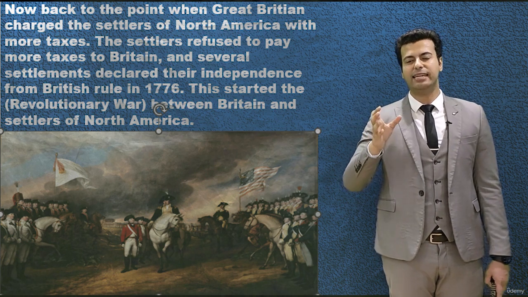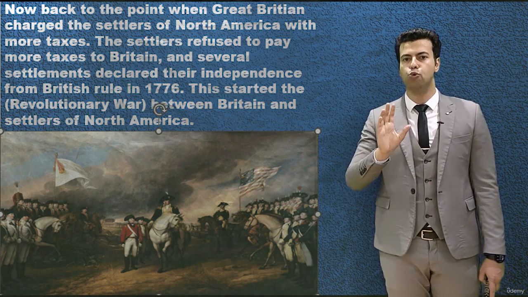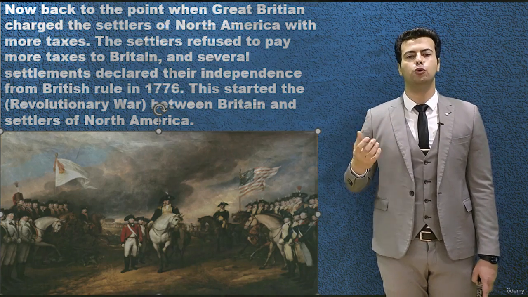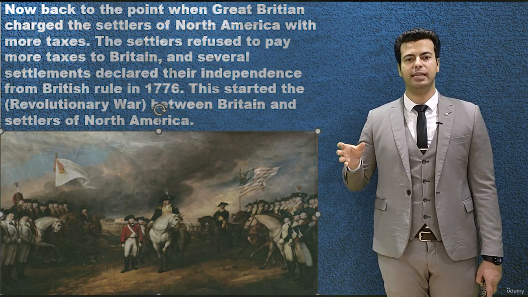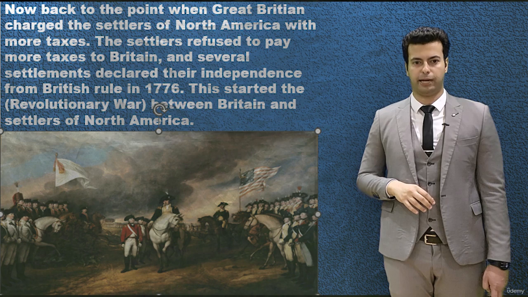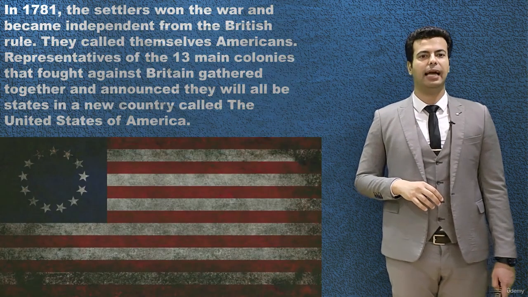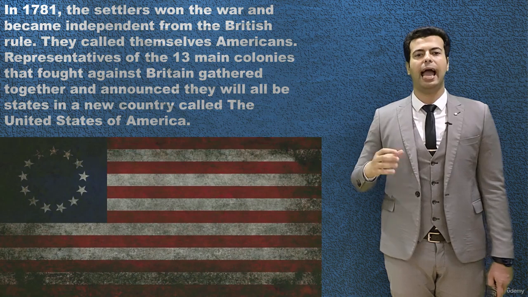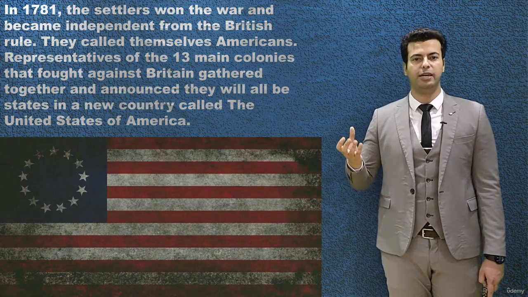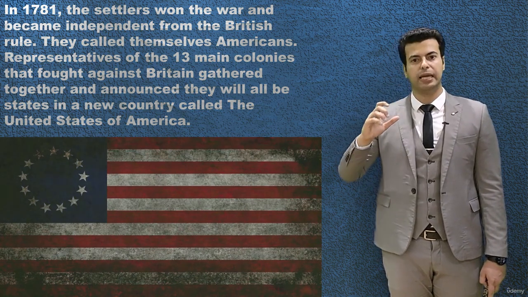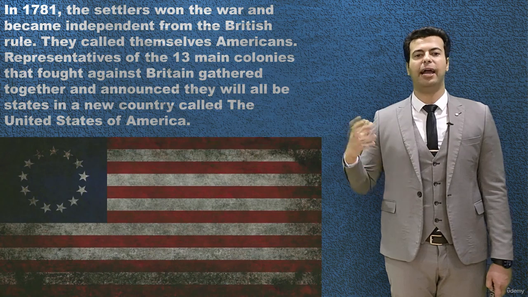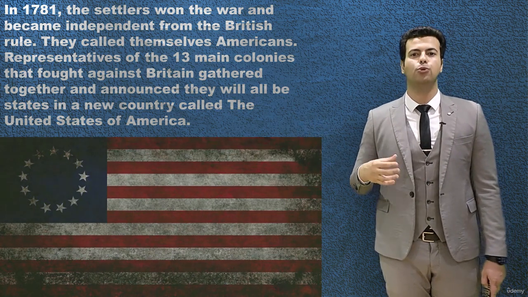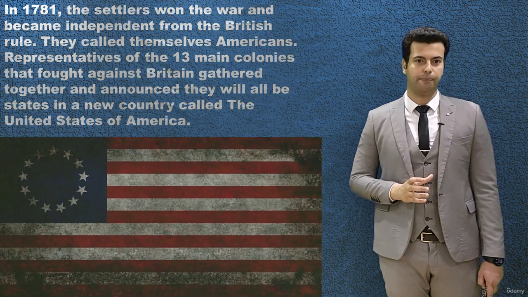And they declared their independence from British rule in 1776. This started the Revolutionary War between Britain and the settlers of North America. Now, in 1781, the settlers won the war and became independent from British rule. They called themselves Americans, of course, because they wanted to relate themselves to the continent of America.